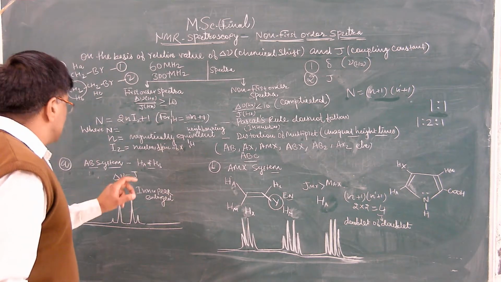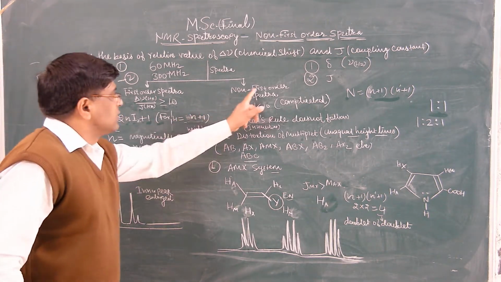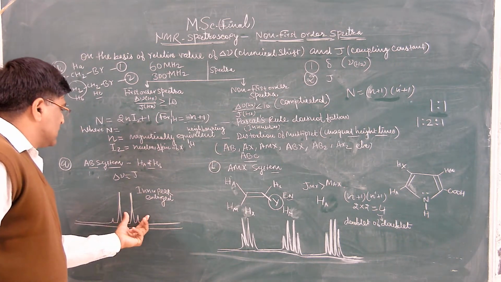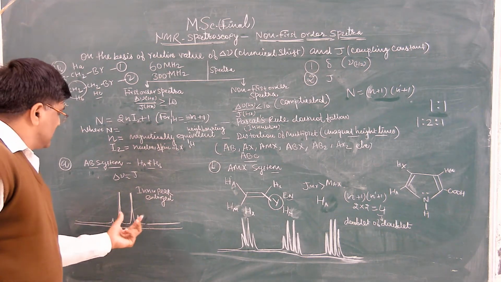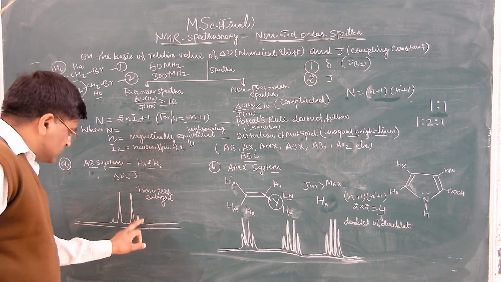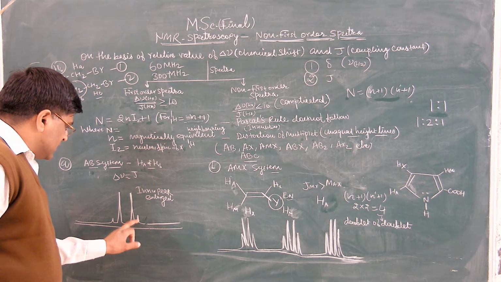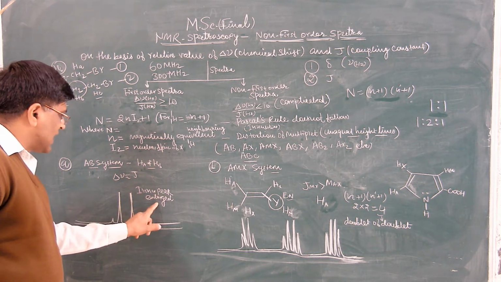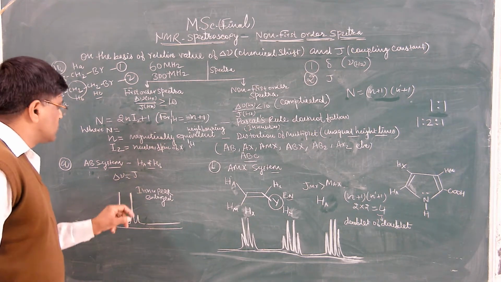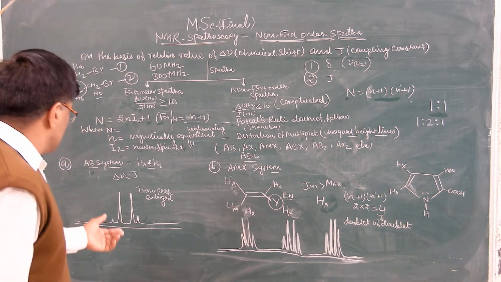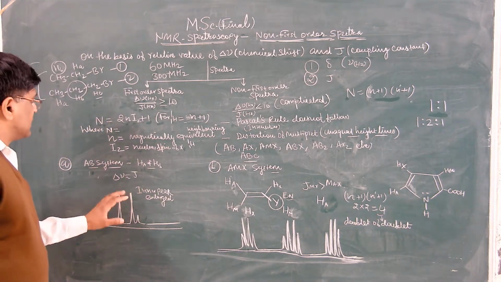But in the non-first order spectra case, the peak intensities of the doublet are not equal. The lines outside have less height compared to the inside. Inner peaks are enlarged due to the distortion of the multiplet. This is called distortion of the multiplet.